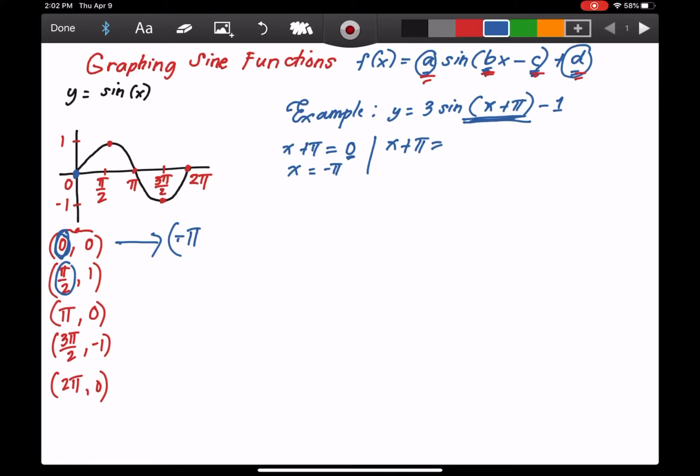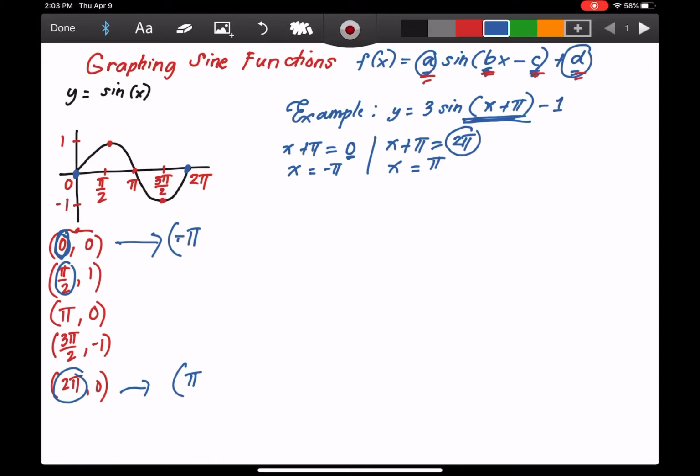We equate that with 2 pi because that's where we ended the parent function, at 2 pi. So x equals, we subtract both sides by pi. So we have 2 pi minus pi is pi. So instead of 2 pi, that's the ending, it becomes pi.